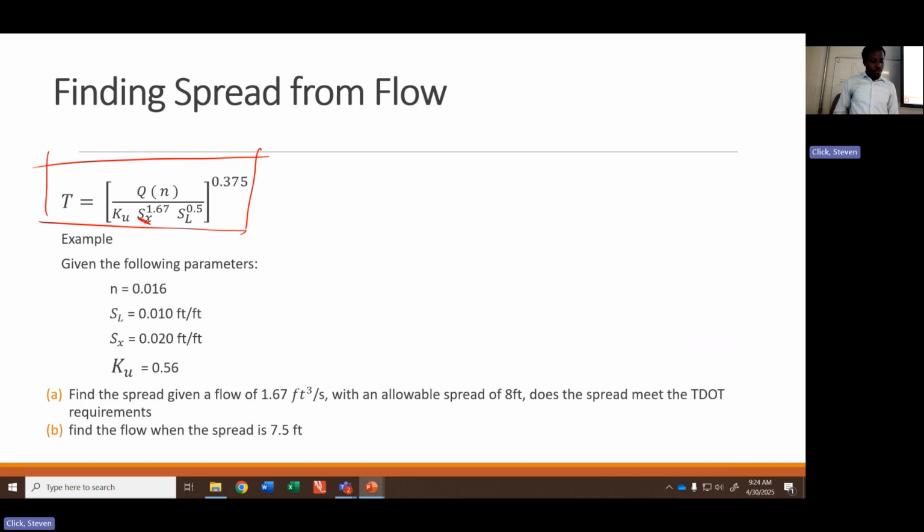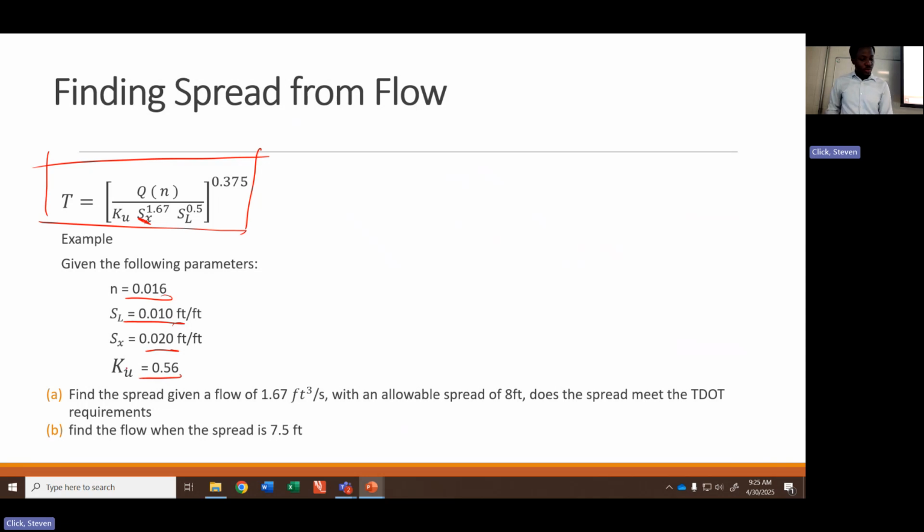So we have an example here. Given the following parameters: the Manning's coefficient of 0.016, longitudinal slope of 0.010, cross slope, so this one we are assuming the slope of the gutter is 0.020, and the constant of 0.56.